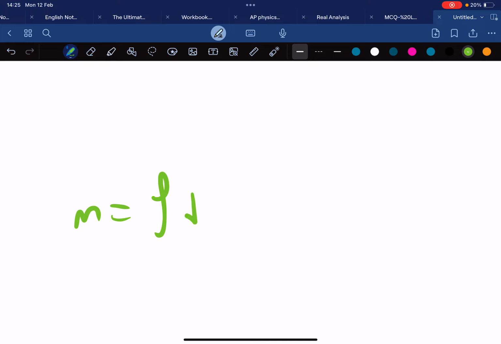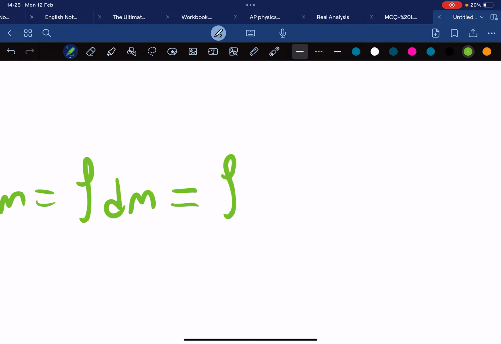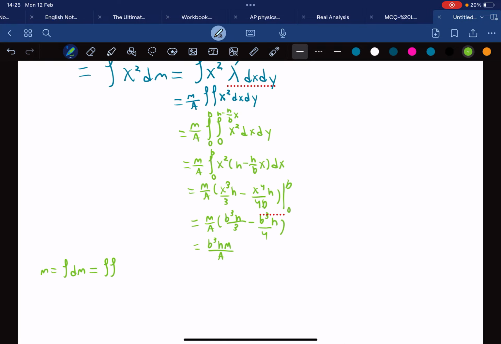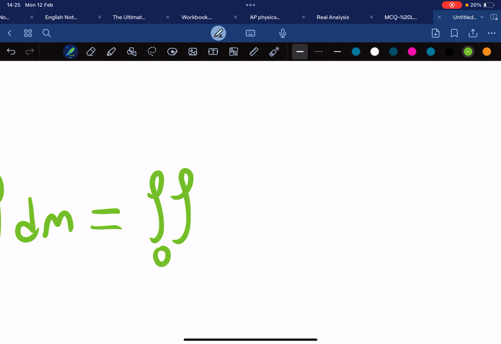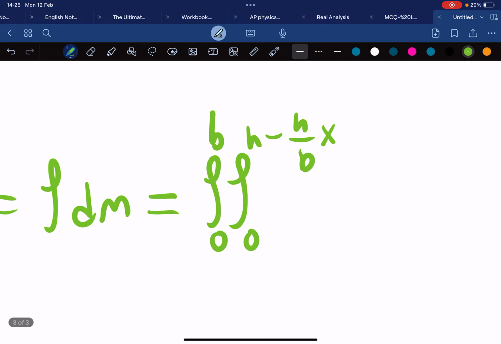Mass equals the integral of dm, and this equals the double integral across just our area, with the same integration bounds, 0 to b and 0 to h minus h over b x. But this time we don't have an x squared, and we can bring our density, m over A, out in front, dx dy.